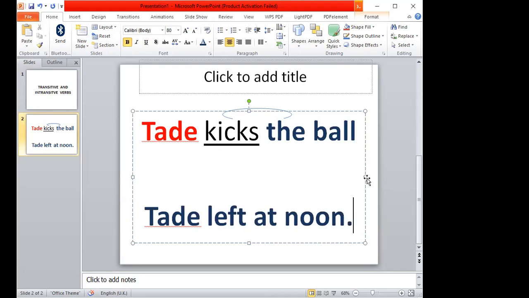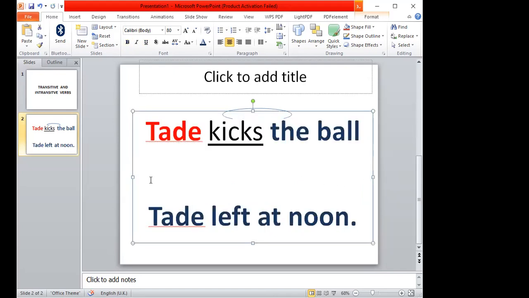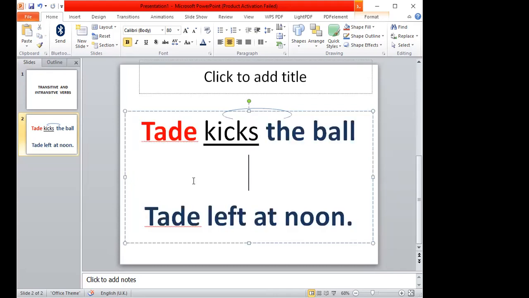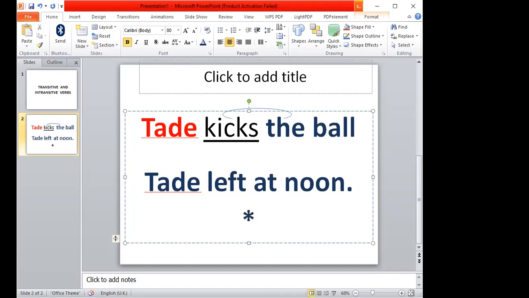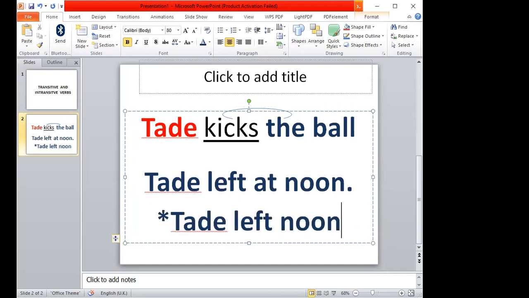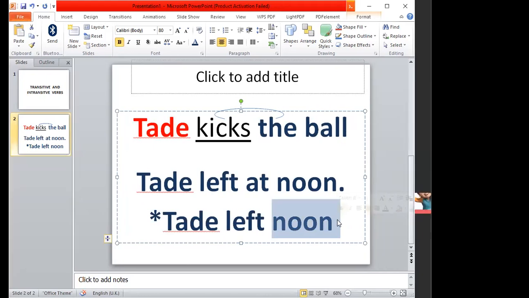Now, if you examine this sentence very well, for me to use it properly, I may not just say something like, Tade left noon, except I want to take noon as maybe a common noun or a proper noun.